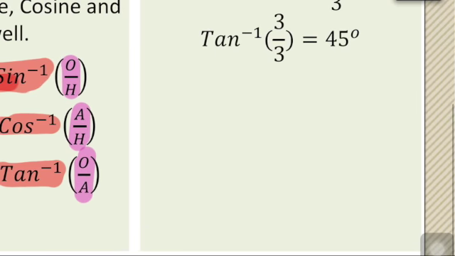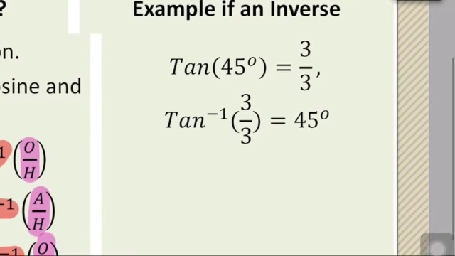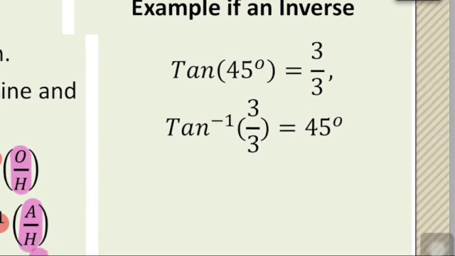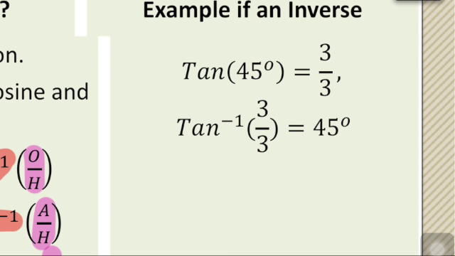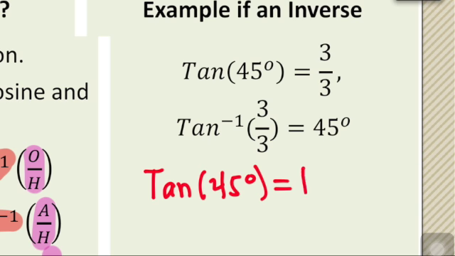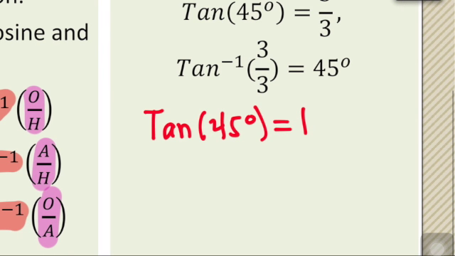Okay, so let's look at an actual example here. So I have the tangent of 45 degrees is equal to 3 over 3. Actually, if you plug the tangent of 45 degrees into your calculator, that will really just give you 1. 3 divided by 3 is 1. So what I recommend you do is now do the inverse.